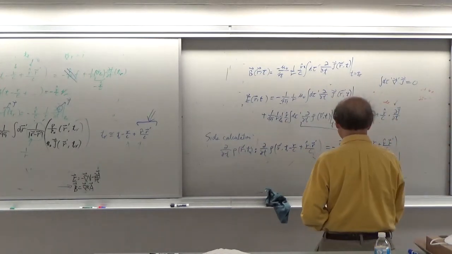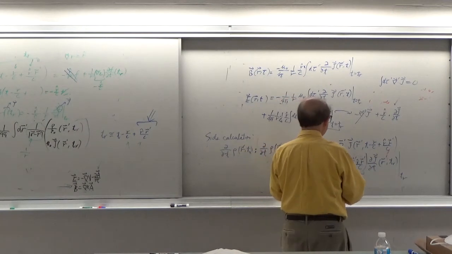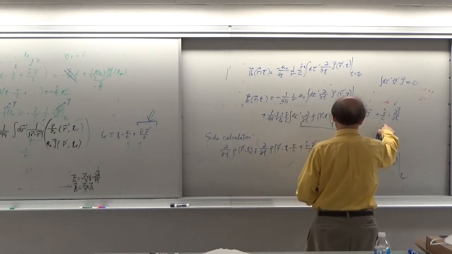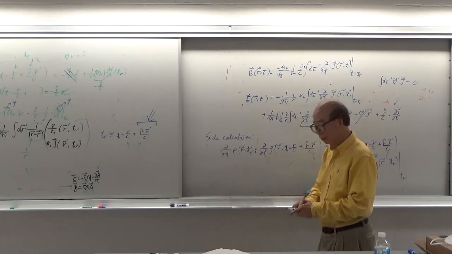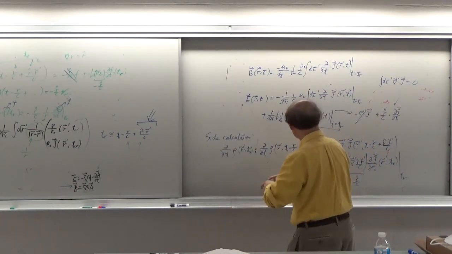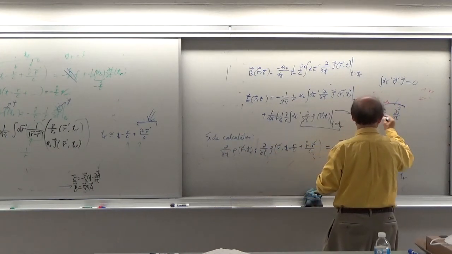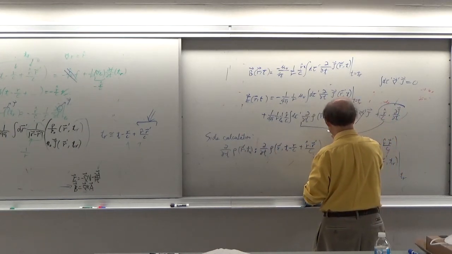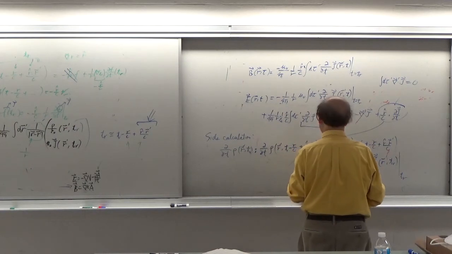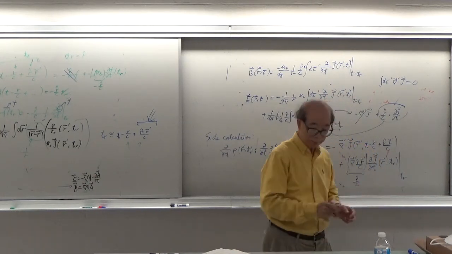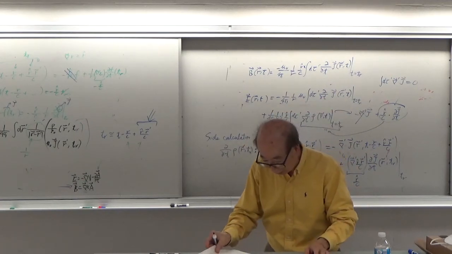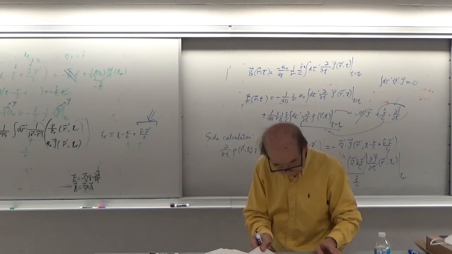So now, with this little exercise, I can replace this by that. So this is that, equal that. And before I go on, let me check to make sure that I have not dropped anything.